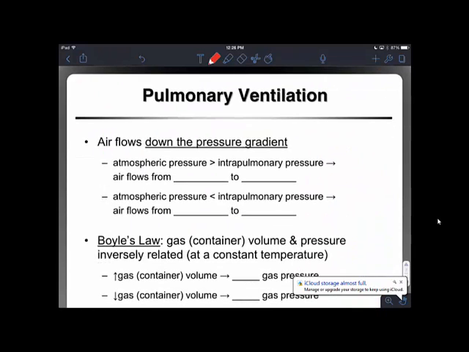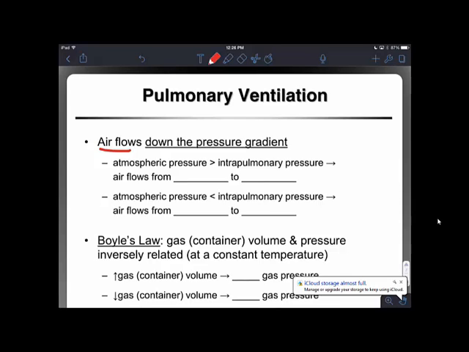Okay, a couple basic concepts, and these should sound familiar. We're going to talk about how and why air moves the way it moves into and out of the lungs. As with blood flow, which we talked about in the cardiovascular chapter, air flows due to a pressure gradient.